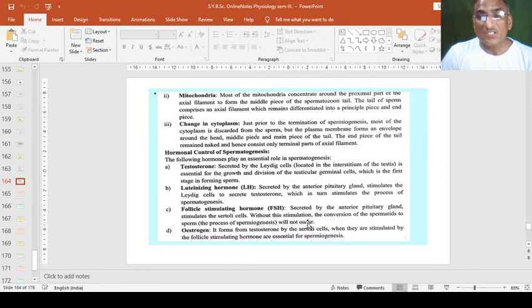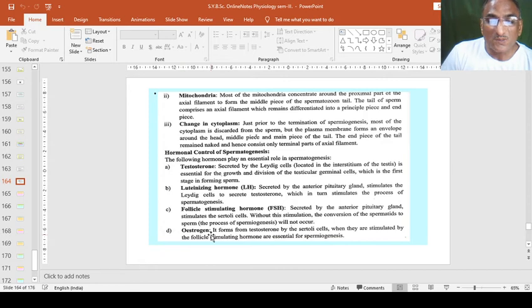Without this stimulation, the conversion of the spermatids to sperm will not occur. It means the process of spermiogenesis, the formation of sperm, is stimulated by this hormone, and then the activity of spermatogenesis is facilitated. The fourth hormone is estrogen.